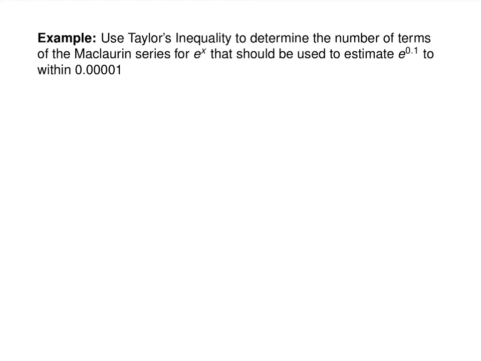We know that the absolute value of the remainder from Taylor's inequality is less than or equal to some number M over n plus 1 factorial times x minus a to the n plus 1, where the absolute value of the n plus first derivative at x is less than or equal to M.